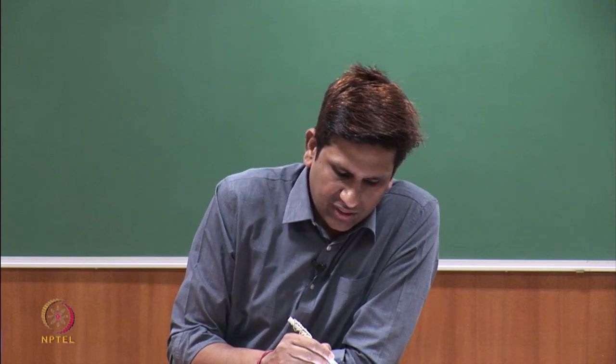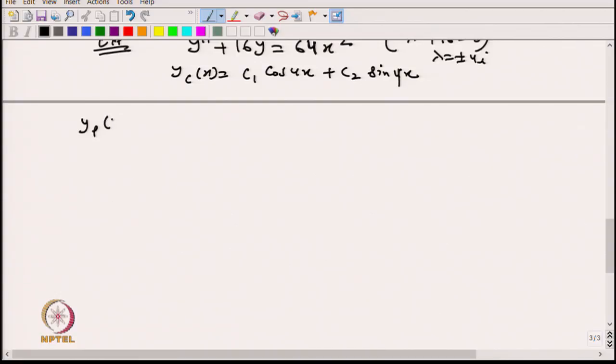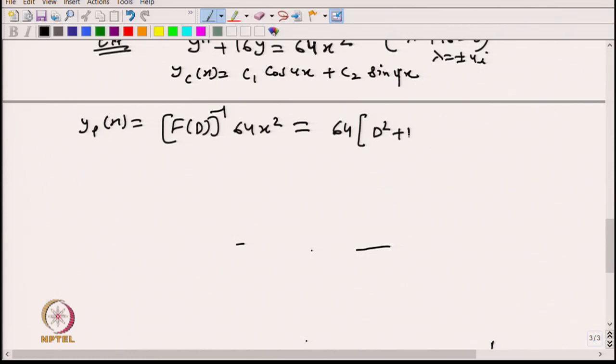Now I want to find the particular solution. So, how can we find the particular solution? In the particular solution I will get my 1 over f(D) inverse into 64 x square. That is my right hand side. This can be written as, I can take 64 here, and my f(D) in this case will be D square plus 16 inverse x square.